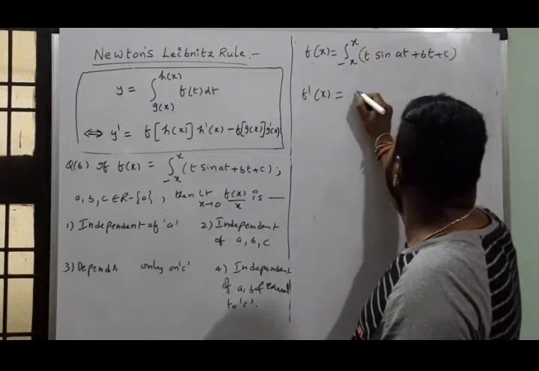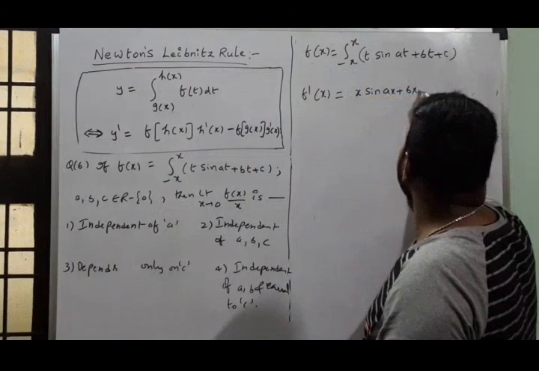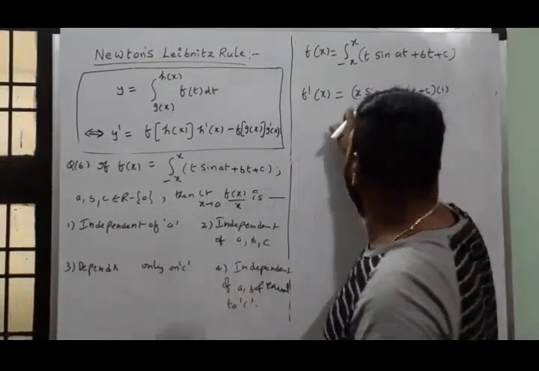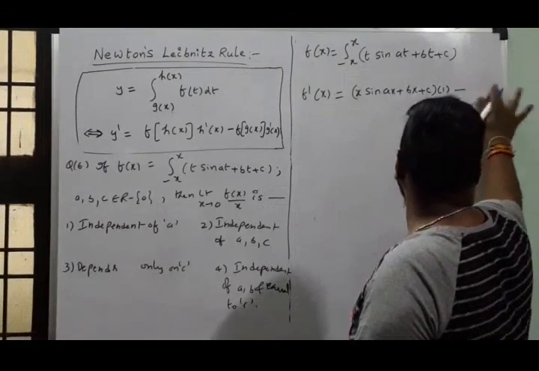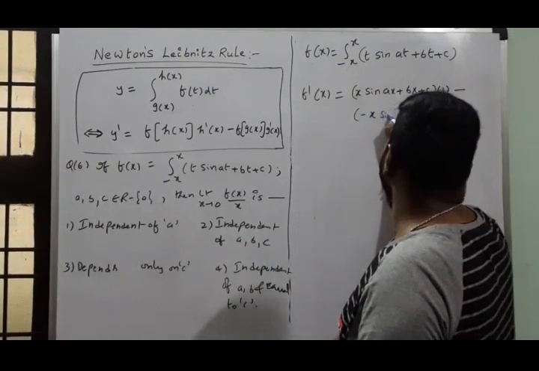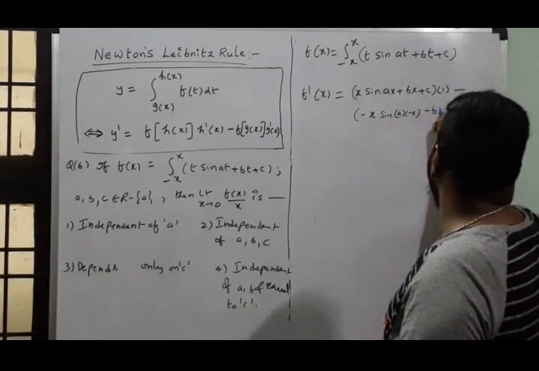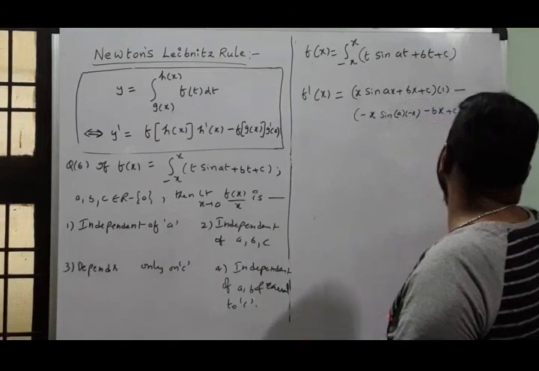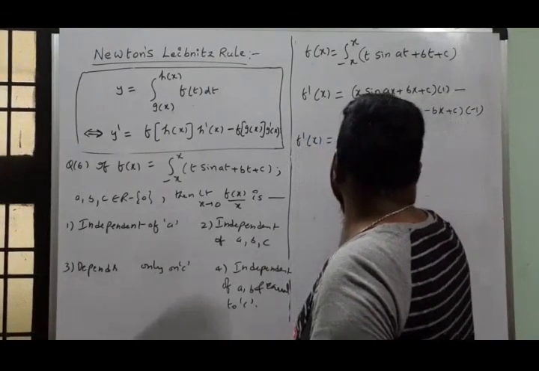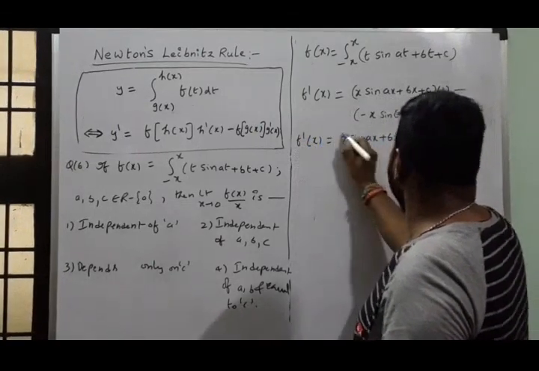Substitute upper limit x sin ax plus bx plus c into x derivative 1 minus substitute lower limit. Lower limit is minus x sin a into minus x minus bx plus c into minus 1. So f dash x is equal to x sin ax plus bx plus c.